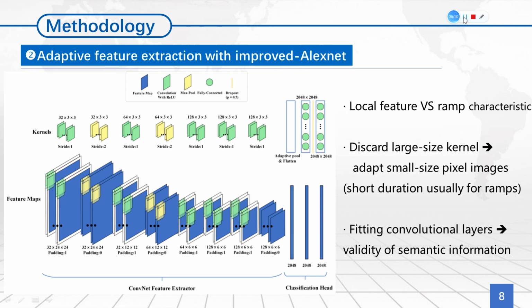In general, the closer the layer is to the back, the more abstract features can be mined. Only part of the convolutional layers has been retained to ensure the validity of the semantic information.